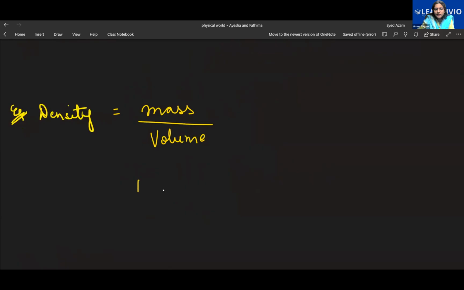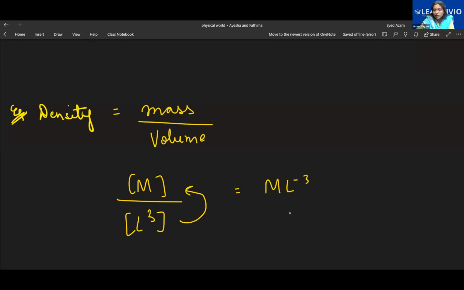Mass is M. Volume is L cube. When this L goes up, the sign changes. So it is M L to the power minus 3, or you can write it as M L to the power minus 3 T to the power 0.